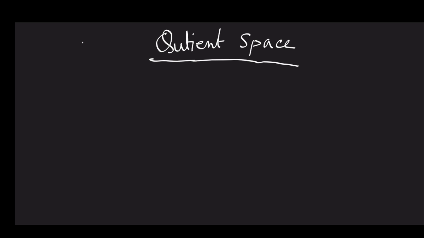So before we start, we have to understand a very simple thing, that is the parallel translation of a vector space. So obviously it sounds odd, but you can understand.